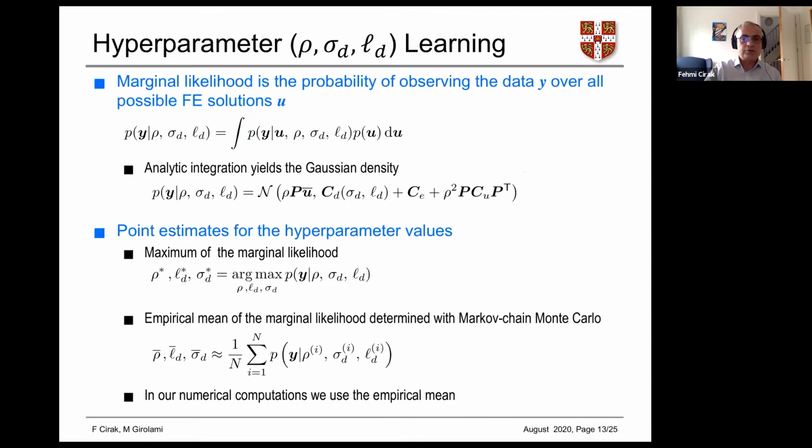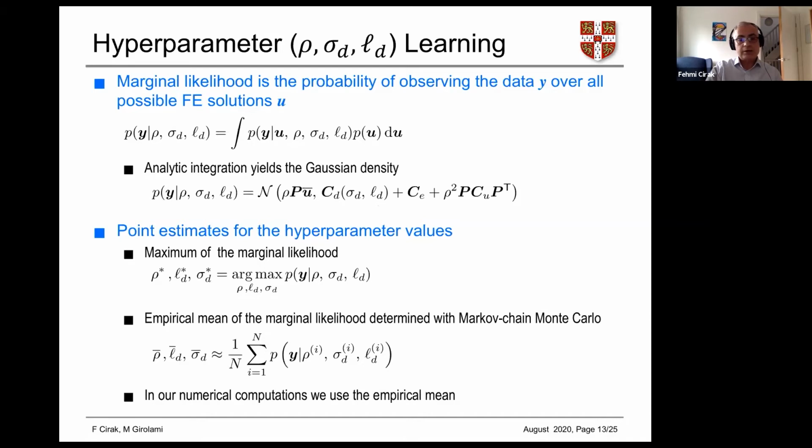We also had some hyperparameters, like rho, sigma and L, which are related to this mismatch covariance, and we determine them from the marginal likelihood. Remember, the marginal likelihood was the denominator of the Bayesian formula, and it tells us the probability of observing the data Y over all possible finite element solutions. We again have a closed-form solution for that, a normal distribution.